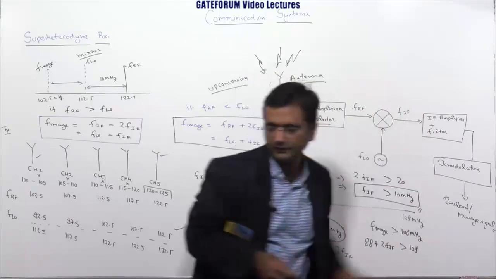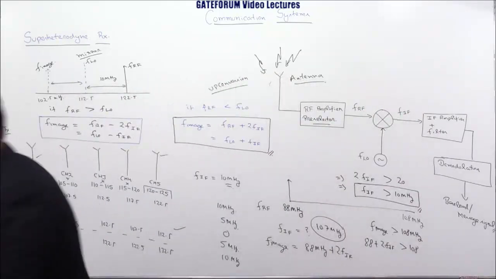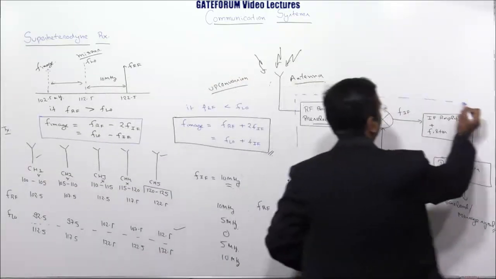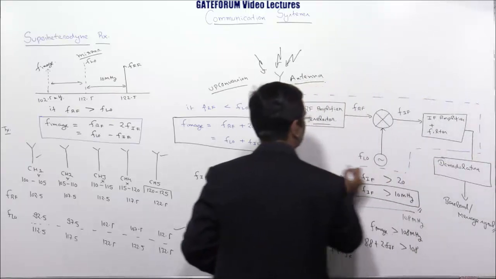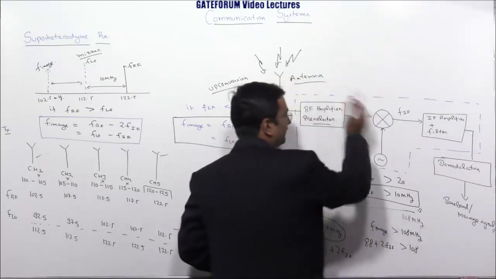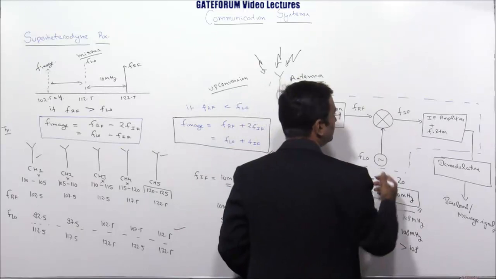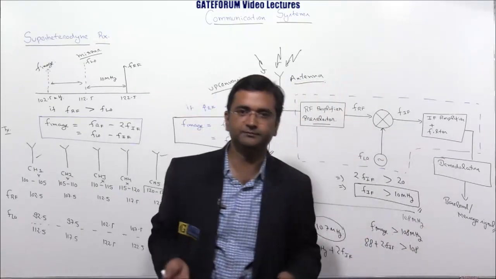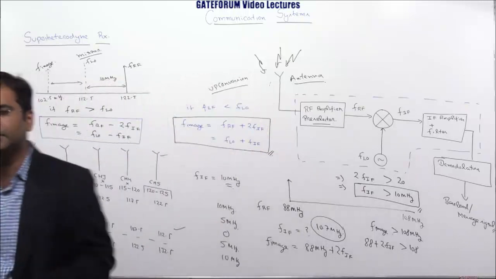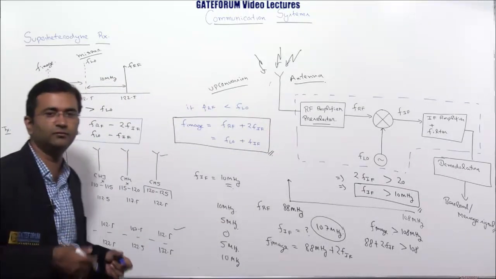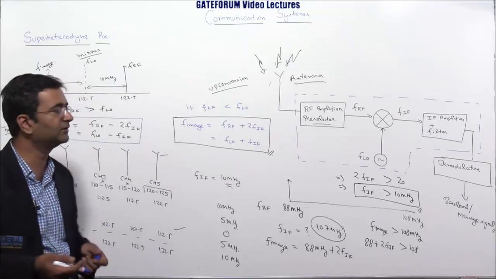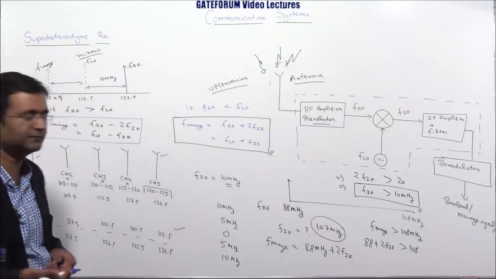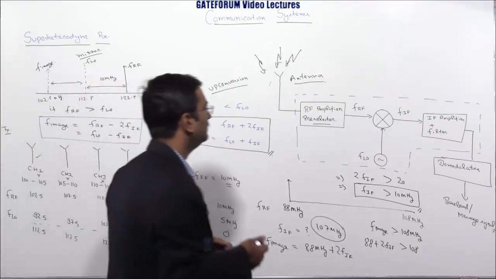Now this super heterodyne receiver is doing the amplification, the mixing, and the filtering action also. So it does multiple actions. That's why the name super, because something doing more than the normal things is generally called a super. It does multiple things, right?